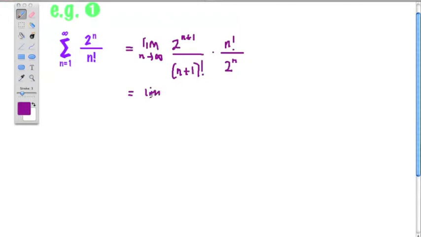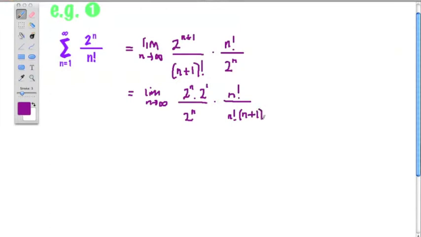So here we get the limit as n goes to infinity again. I make it much simpler: 2 to the power of n times 2 to the power of 1 over 2 to the power of n, times n factorial over n factorial times n plus 1.